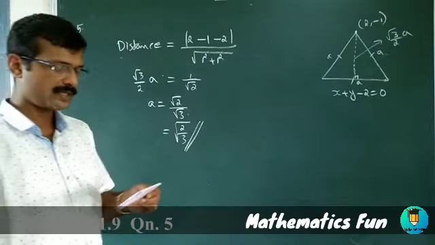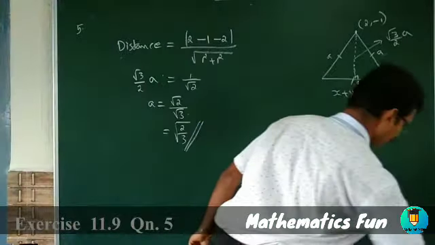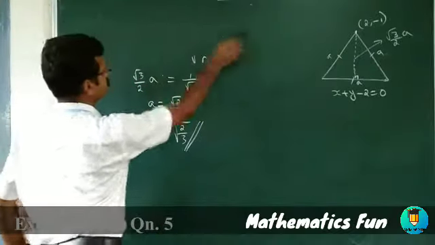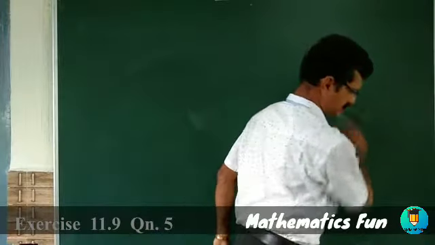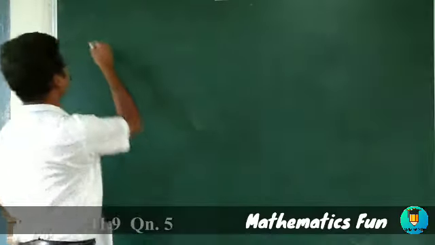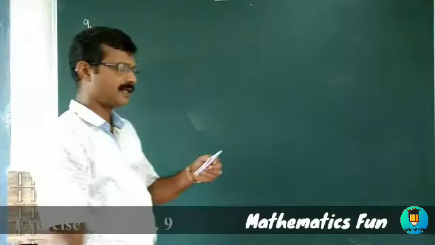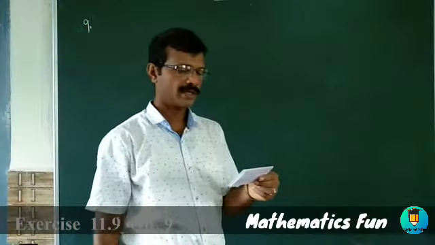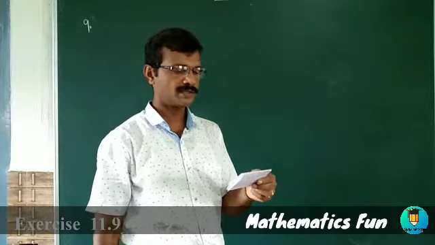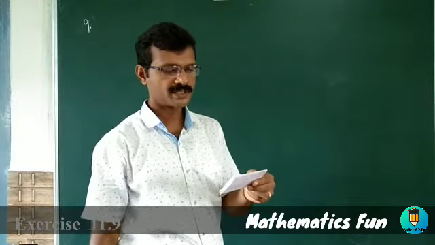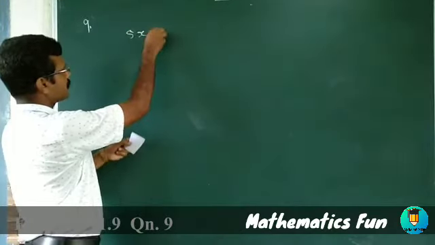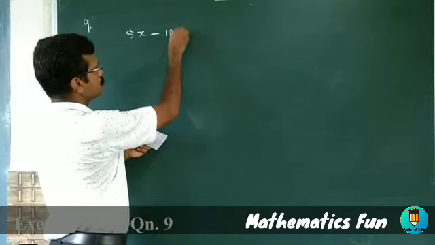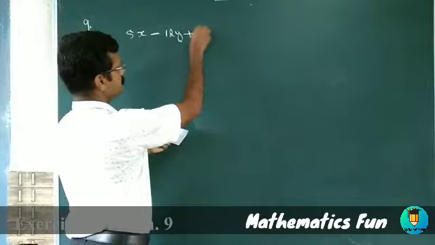Now question number 9 we will do next. It is given that a vertex of a rectangle is at the origin and two of its sides lie along the lines 5x minus 12y plus 26 is equal to 0.